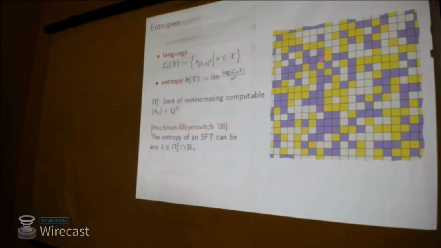First, that the number is always Pi^0_1. It's not so hard. There's a little trick to do with the limit. It's not direct from the definition. But the second thing is that for every non-negative real number of this kind, you can build an SFT which realizes exactly this entropy. Of course, this SFT will involve the Turing machine that is from the definition of this sequence.